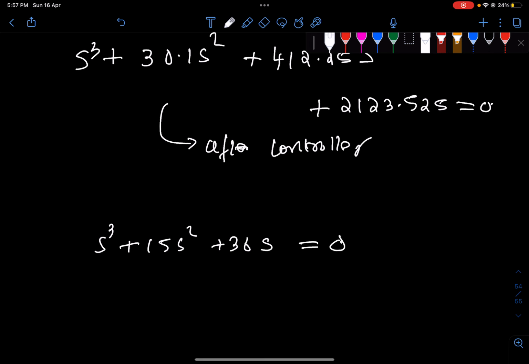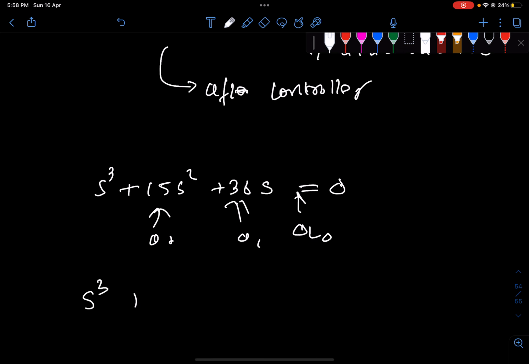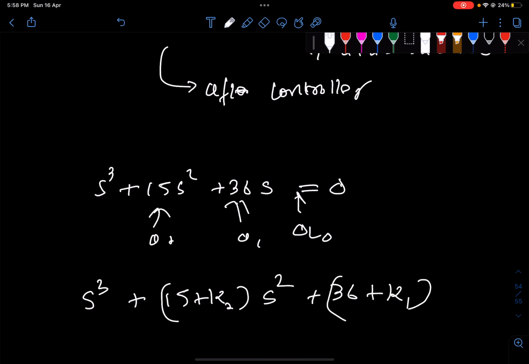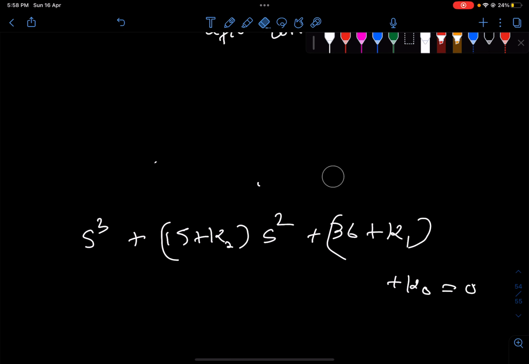I told you this is our a2, this is our a1, this is our a0. With a2, a1 and a0, you add 15 plus k2, and after compensation it will look like this, with k1 and k0.